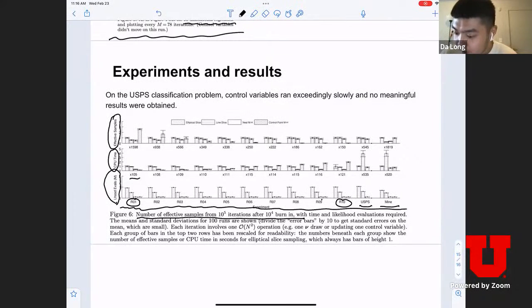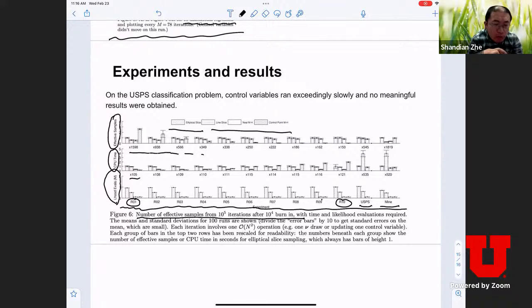So for the effective samples, as you can see, in most of the experiments, the elliptical slice sampling is better than the other 3 methods. Is it the first bar or last bar? First.